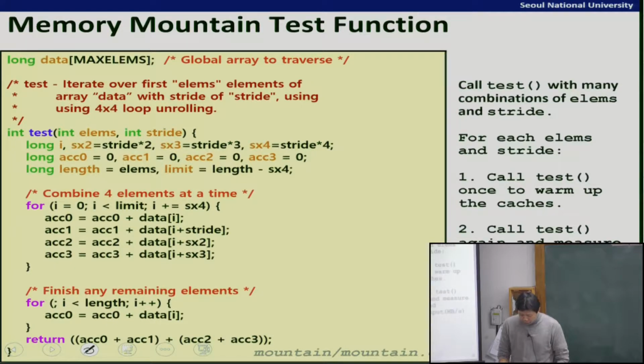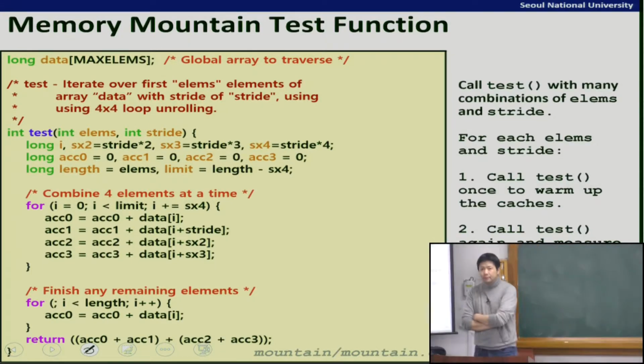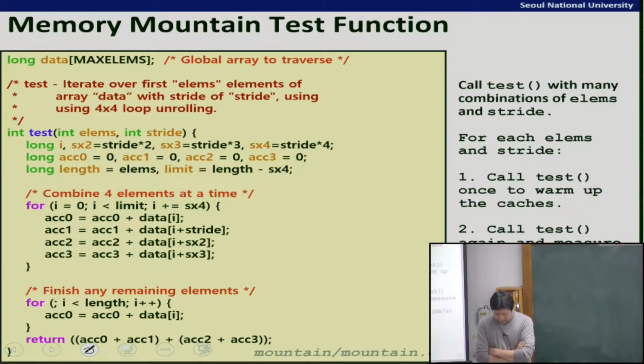In order to generate this memory mountain figure, we use this test program. It is a very simple C program with a global array called data defined here, and a test function which takes two parameters as input.